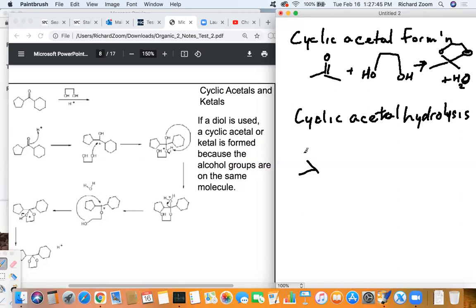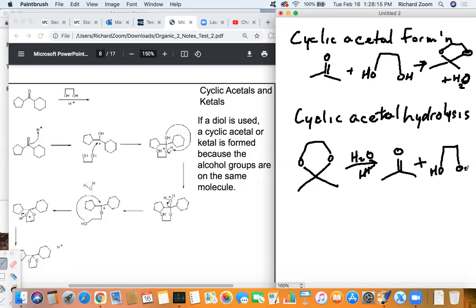So that would be the acetal, using H2O and H plus, turns into, or the ketal or whatever it is, turns into that plus the ketone or aldehyde plus this diol compound here.